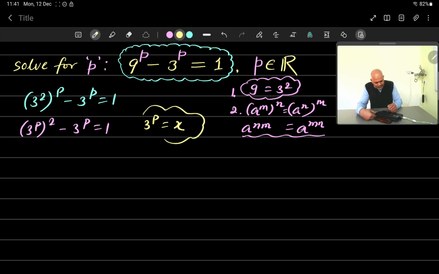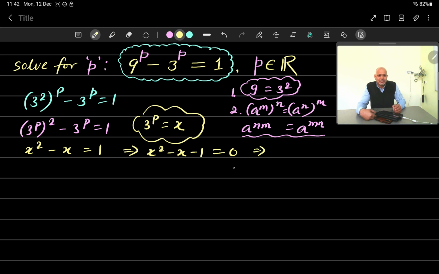If you do so, your equation will look like x square minus x equals 1, which implies x square minus x minus 1 equals 0. Dear friends, you cannot split the middle term by the factorization method here. So you can compare this equation with a fundamental equation of degree 2, and the degree 2 equation is the quadratic equation.